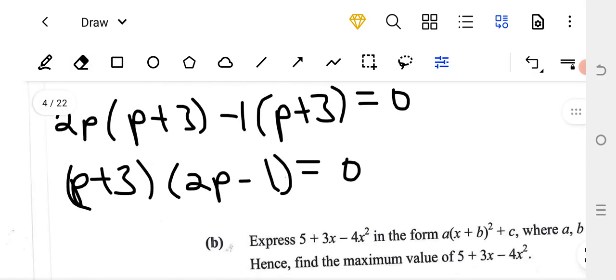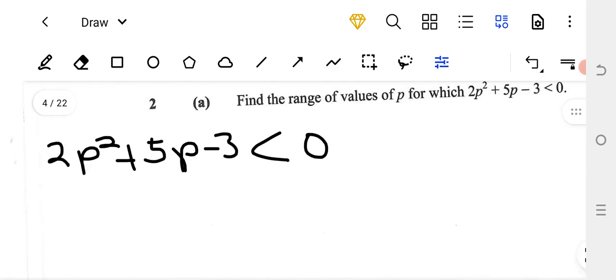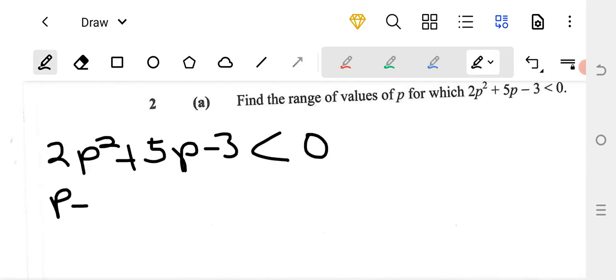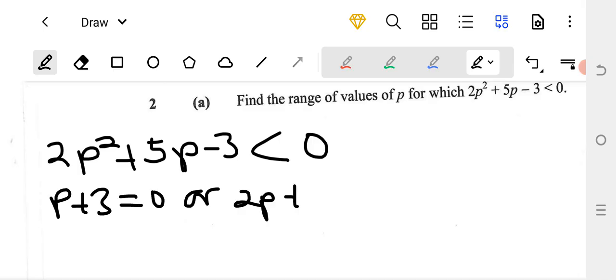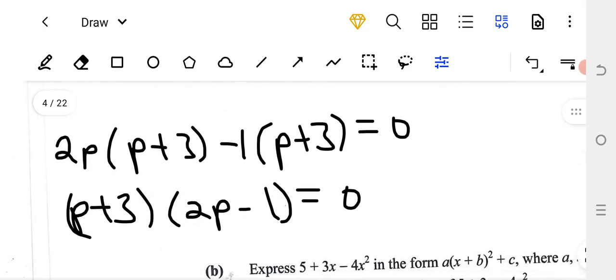I hope you have seen the stage where we have reached. So we're going to say p plus 3 is equal to 0, or 2p minus 1 is equal to 0.